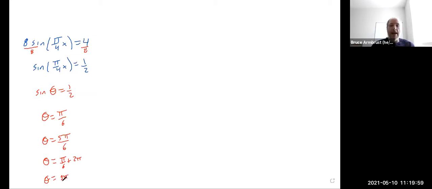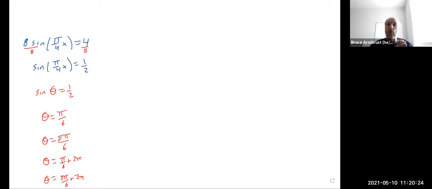And then the one after that is going to be 5 pi over 6 plus 2 pi. If I wanted another one, it would be pi over 6 plus 4 pi. And then the one after that is going to be 5 pi over 6 plus 4 pi. And then so on and so forth. So we use the values on our chart, and that got us 2 of them.